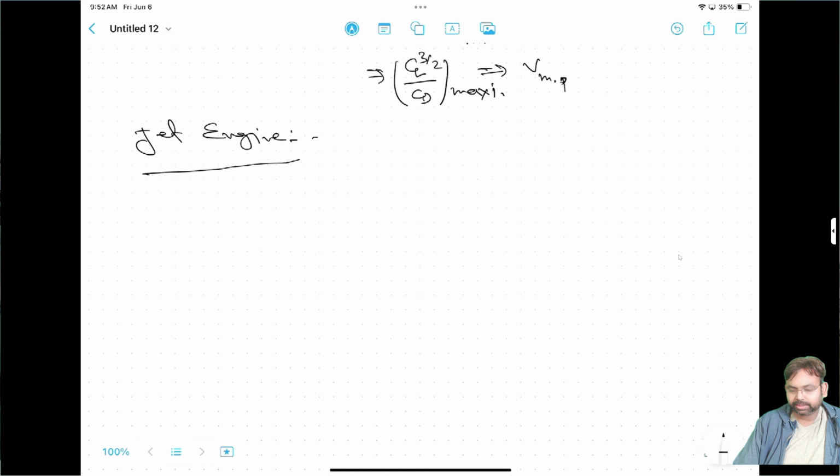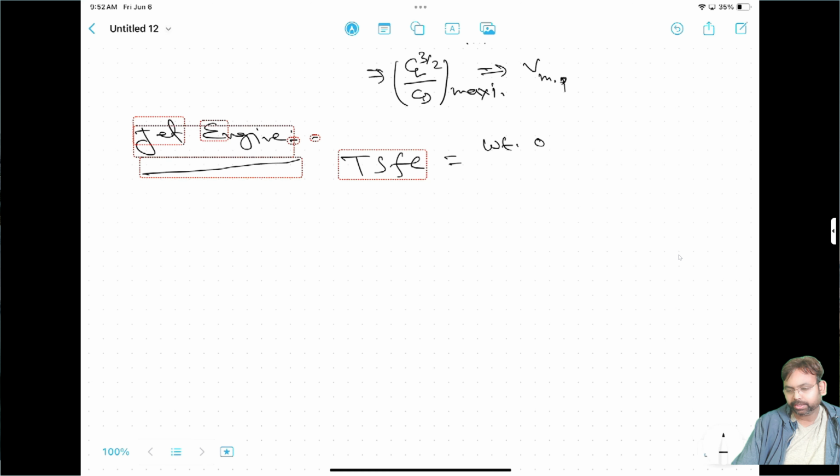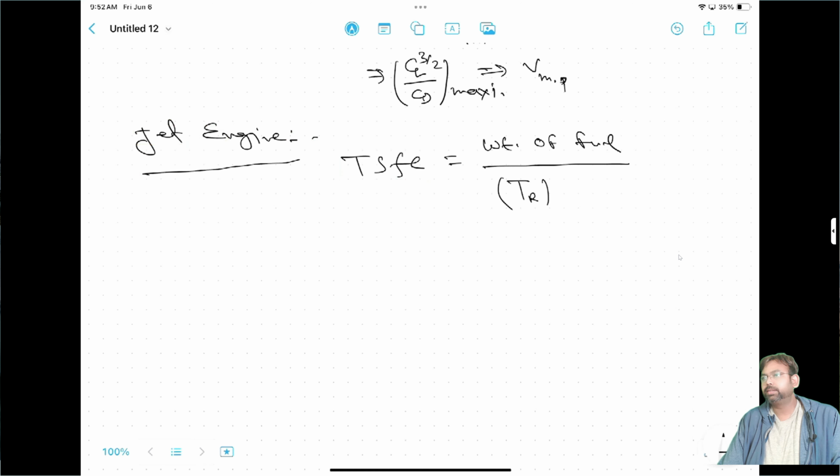So you know, for a jet engine, TSFC is defined as weight of fuel divided by thrust, R denoting thrust required here, and time.